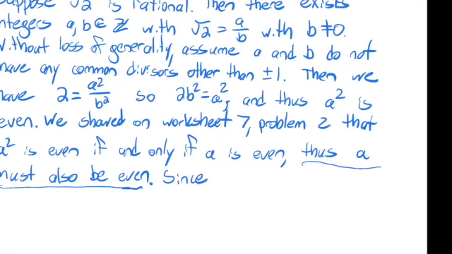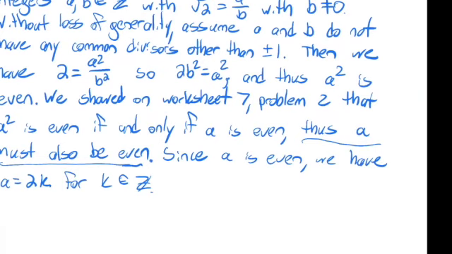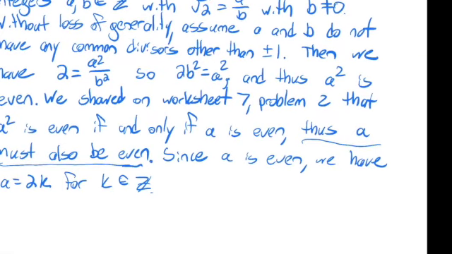Okay, so since a is even, we have that a can be written as 2 times some integer. Let's use a letter we haven't used. I don't think we've used k yet. And again, when we're doing proof by contradiction, I'm not even sure where I'm going right now.